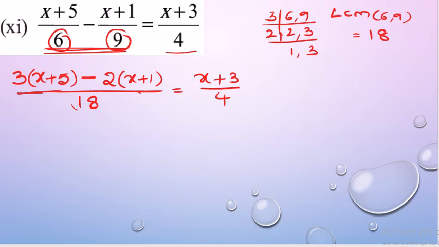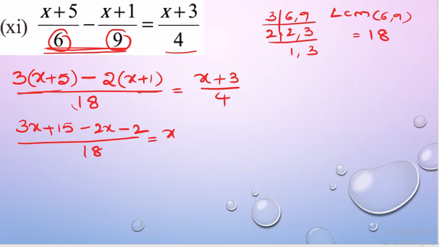Now simplify this. We already know how to open the brackets. So 3x plus 15 minus, if you multiply with minus 2, we get minus 2x minus 2, divided by 18, which gives me x plus 3 divided by 4.